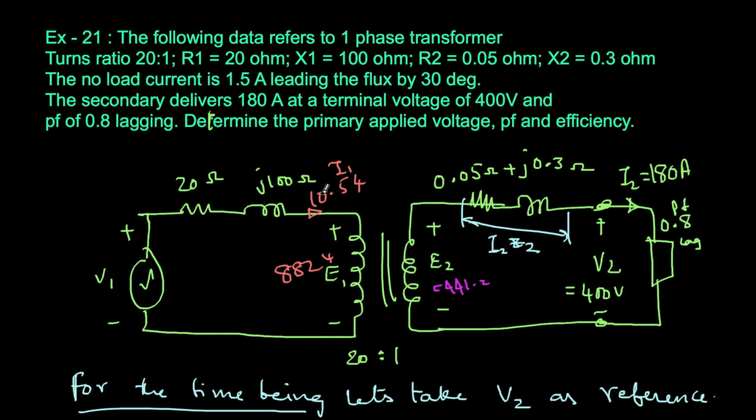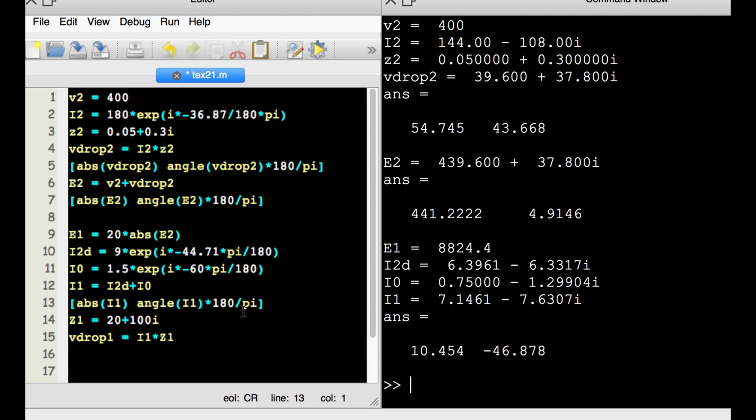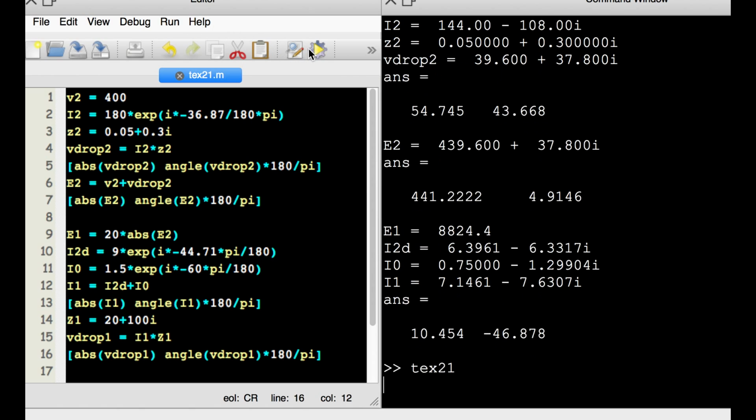This is I1. So I1 also adds I2 dash plus I0. Now these two I'll have a drop here. So the drop is nothing but I1 multiplied by Z1. Let's call that V drop 1, voltage drop in the primary. Let's display the absolute value and angle of that. So let's run this.